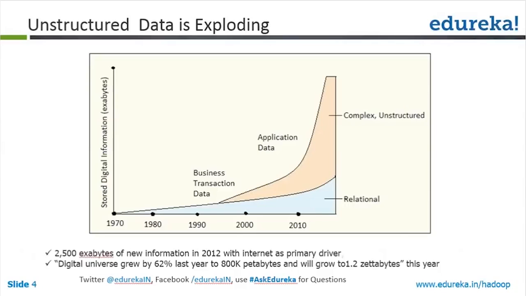Today, if you launch a product, you don't need to ask people to fill in feedback. They will tweet about the product on Twitter, and all you need is a mechanism to do sentiment analysis and analyze that data. So the demand for analyzing unstructured data is growing very fast.